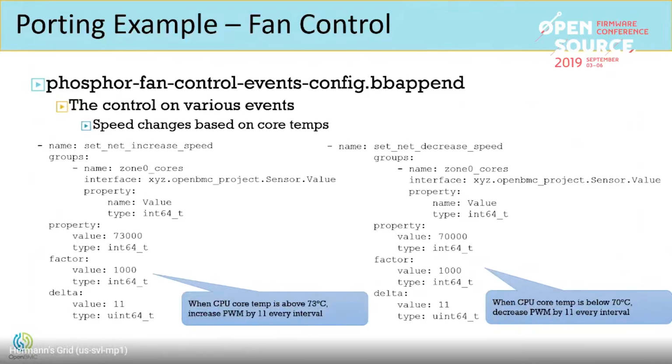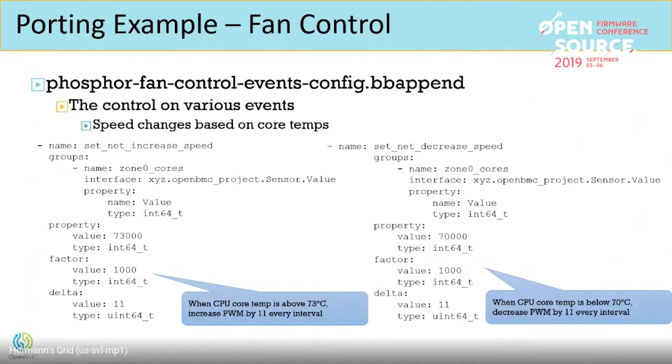If the CPU's core temperature is above 73, the fan PWM should be increased by the delta value, which is 11, and it will increase the PWM every 1 second.